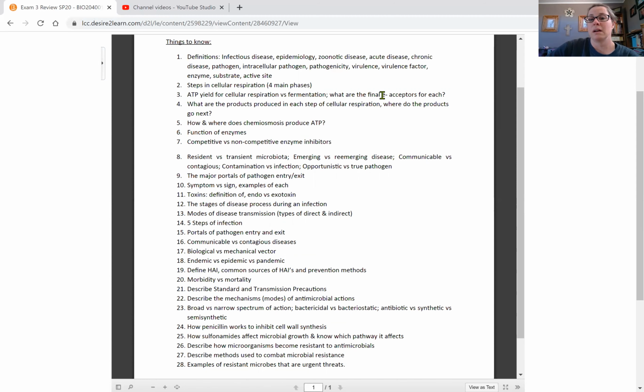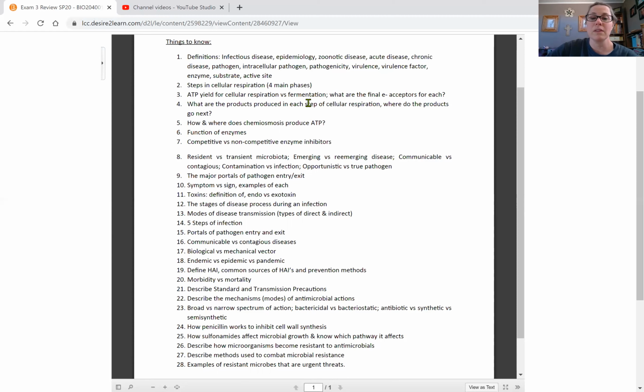And then you don't necessarily have to know final electron acceptor for fermentation, but definitely know electron acceptors, final electron acceptors for cellular respiration. That one's very important. And then also anaerobic respiration as well. Know for those two. Products of each step. Remember, this is a pathway.